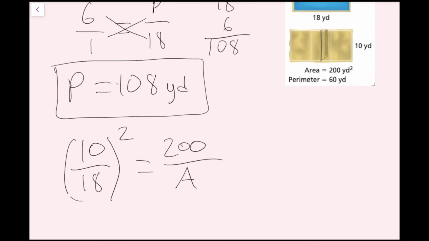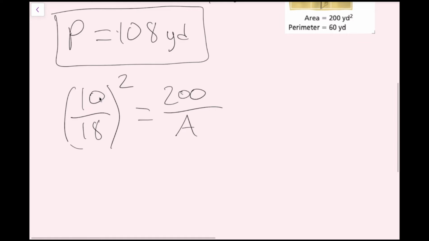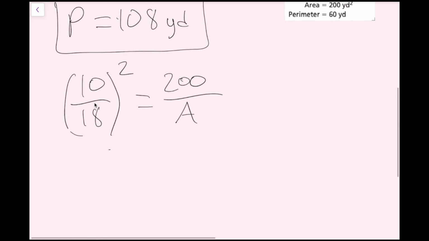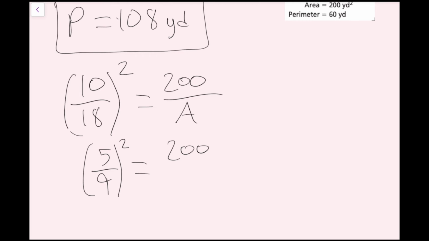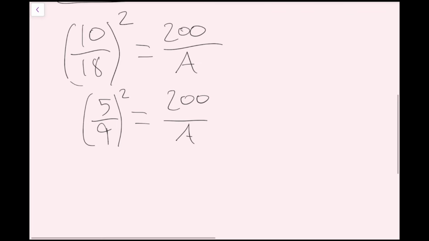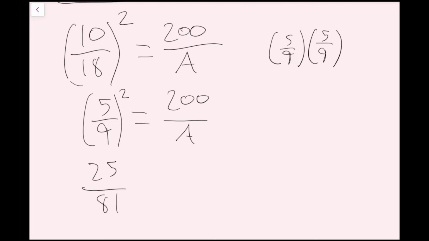First thing I'm going to do is simplify my fraction right here. 10 over 18, they're both even, so I'm going to rewrite this as 5 over 9. And now that's squared, and that's going to equal 200 over the area. Well, I can do the same thing. 5 ninths times 5 ninths. 5 times 5 is 25 over 81 equals 200 over my area.